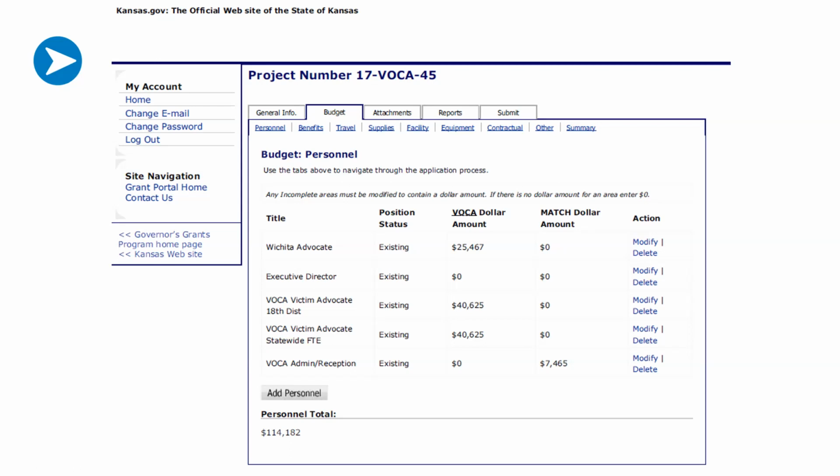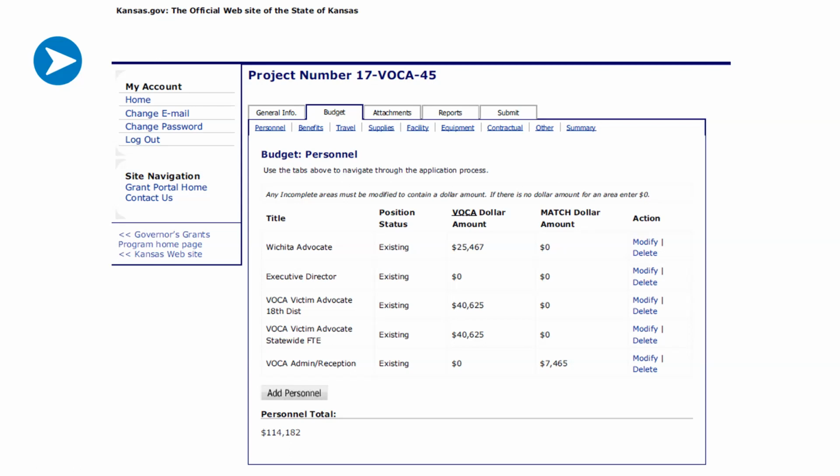If you notice at the top, they have all of these different categories: personnel, benefits, travel, supplies, facility, equipment, contractual, and other. And then their summary comes at the end instead of the beginning of the budget. So you would enter all of your data in that order. I wanted to give you an example of what it was for personnel.